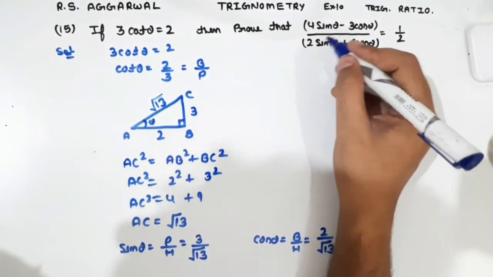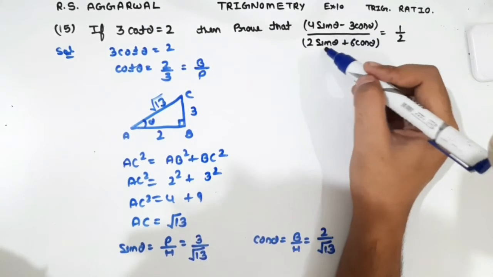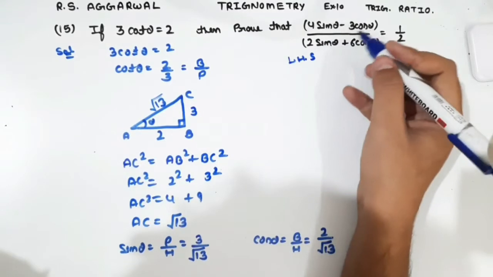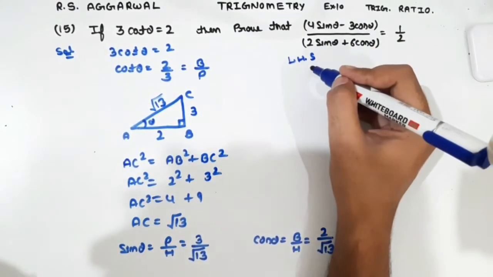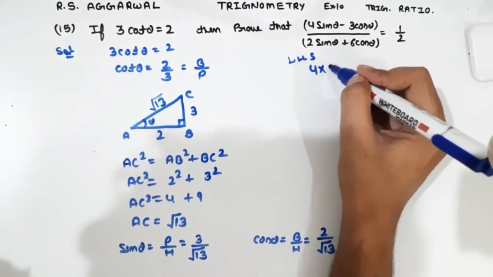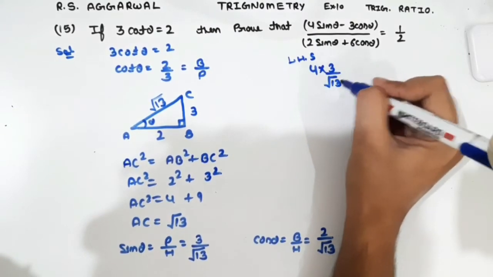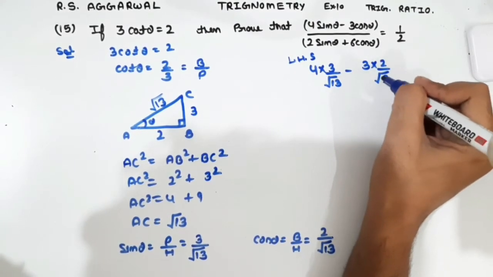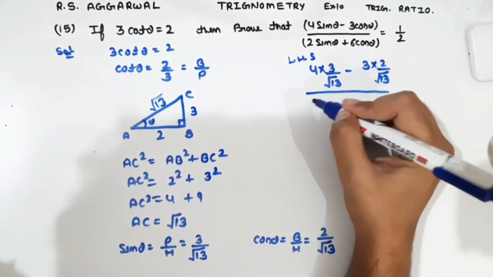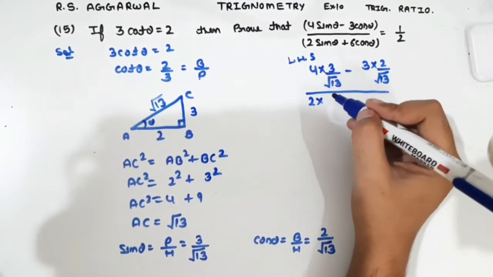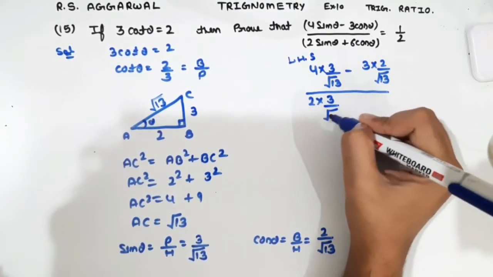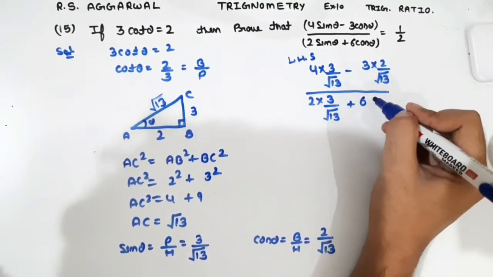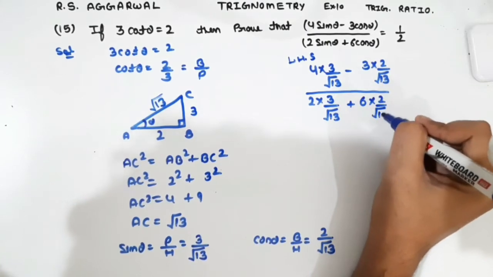So here left hand side is 4 sin theta minus 3 cos theta upon 2 sin theta plus 6 cos theta. So LHS. Now putting the value of sin theta and cos theta. So that will be equals to 4 times sin theta, which is 3 upon root 13, minus 3 times cos theta, which is 2 upon root 13, upon 2 into sin theta, which is 3 upon root 13, plus 6 times cos theta, which is 2 upon root 13.